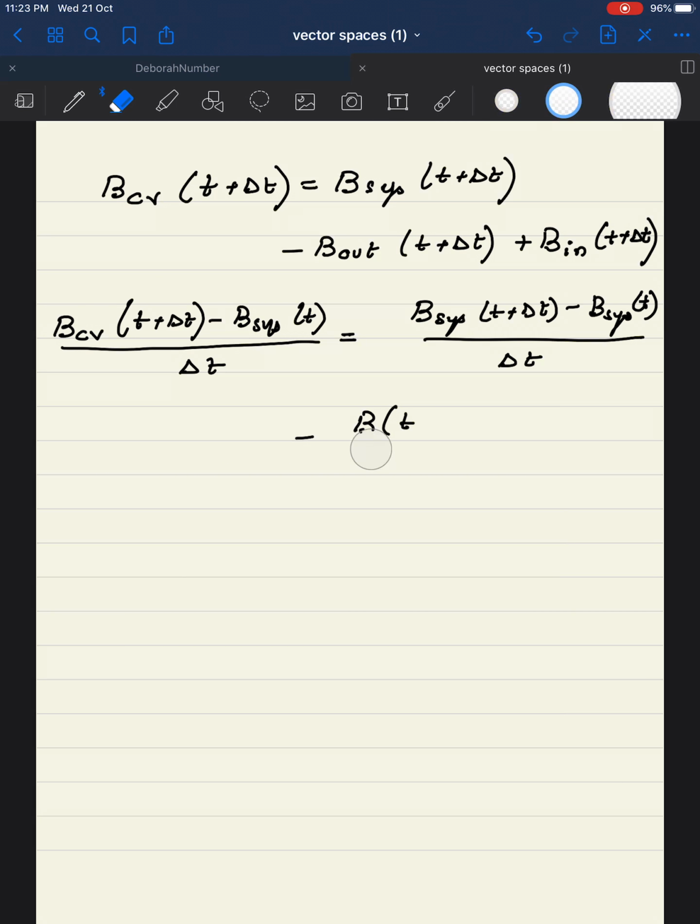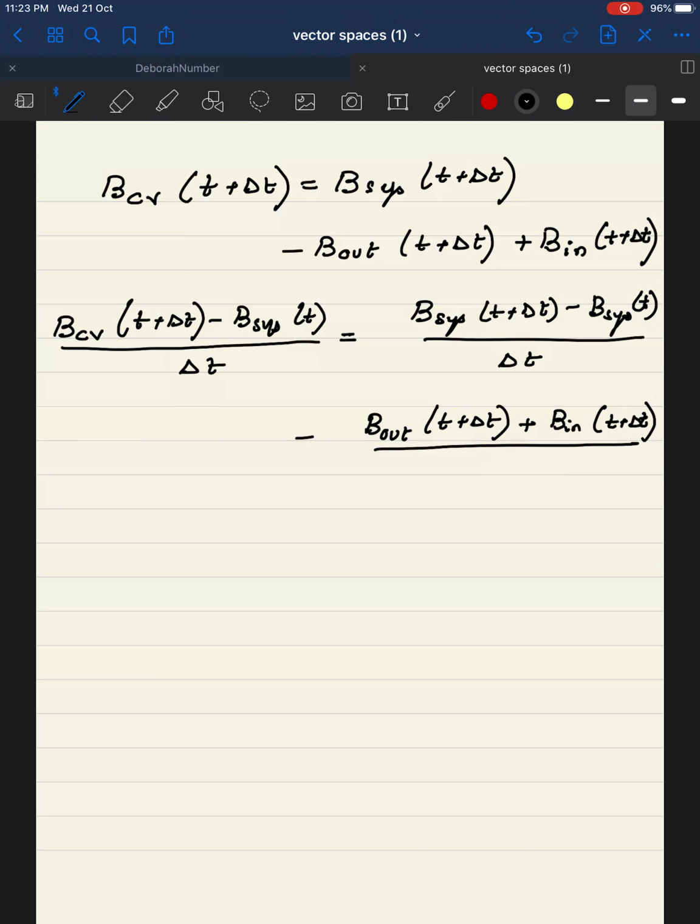This is B out at t plus delta t plus B in at t plus delta t, by delta t. Okay. But we know that this quantity is equal to B cv, right?